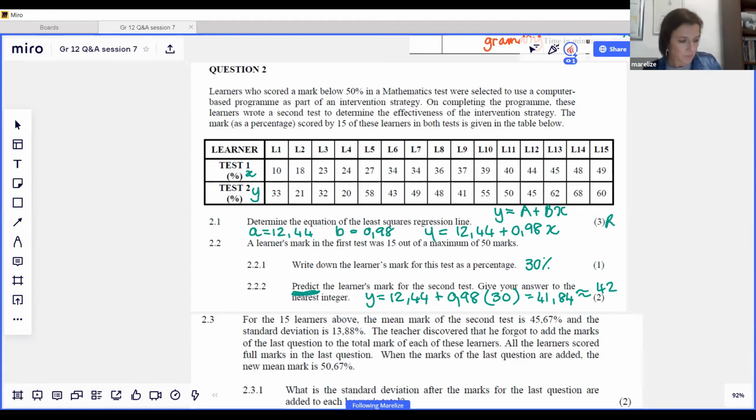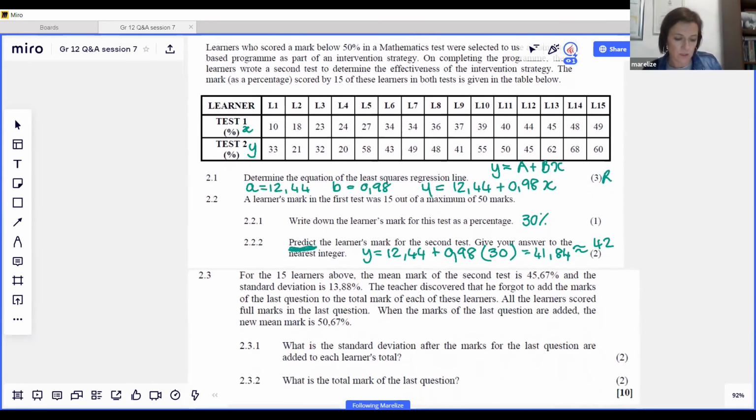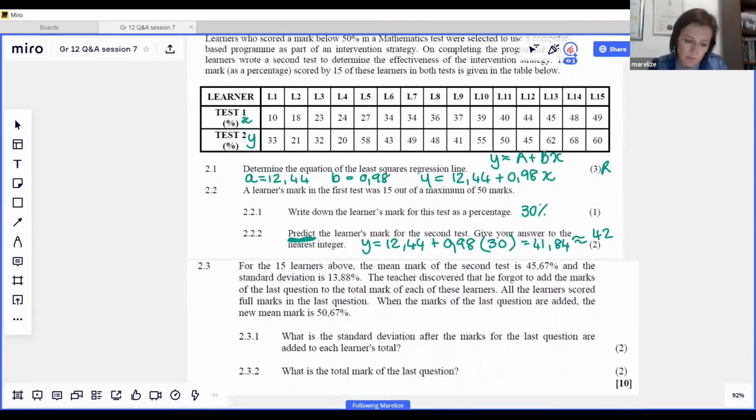Right, now so far it's been pretty straightforward. This is all in the realm of routine. So whenever you have to predict something, know that you have to use your regression line.